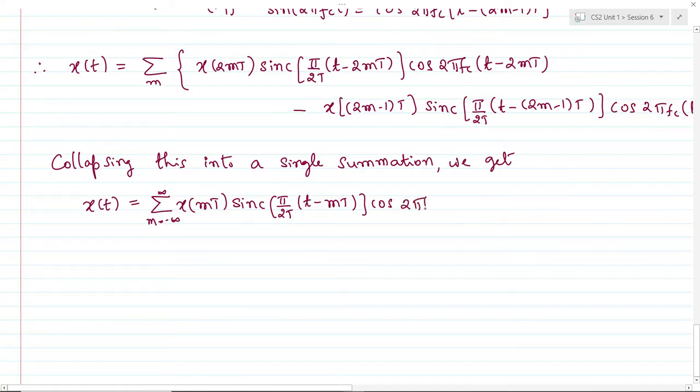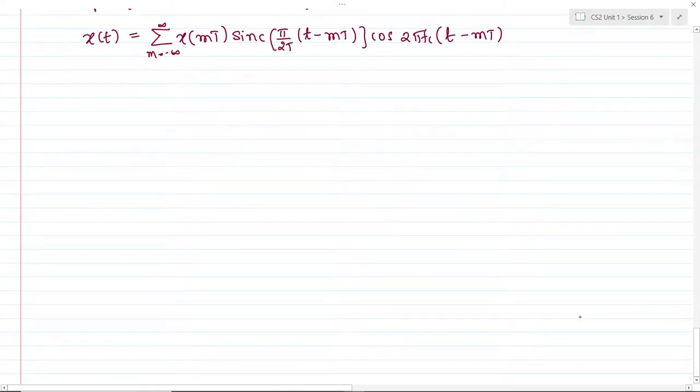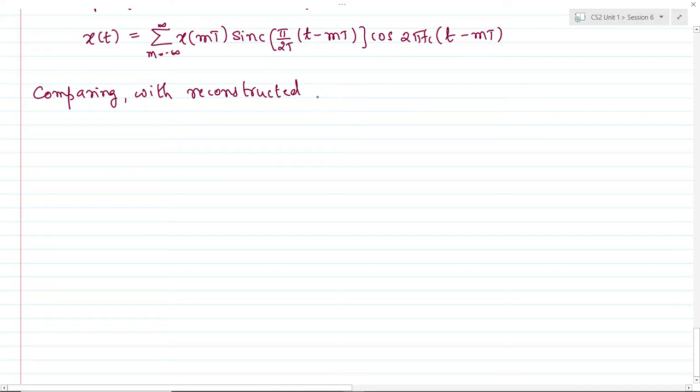Strikingly, this reconstructed signal is very similar to what we had obtained using our low pass sampling theorem. So comparing with the reconstructed low pass signal based on the same Nyquist theorem, because we have applied the Nyquist theorem for the bandpass signal here, where the sample rate is twice the bandwidth.